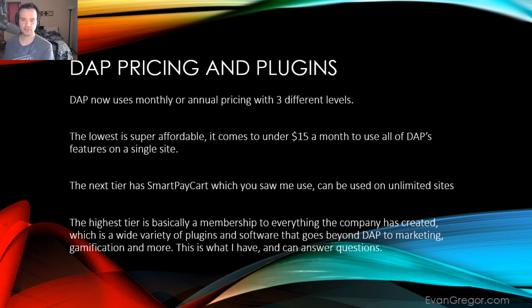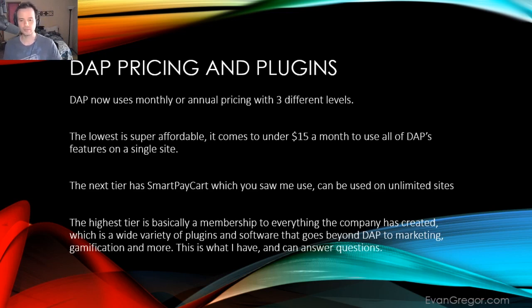The highest tier of it has basically a membership to everything that Vina and the company has created. So there's a lot of bonuses to it, but there's also a lot of other programs you get. Like you can turn Digital Access Pass into something where people have points. You can get points for what you purchase. You can get points for sharing your blogs or material online. It sort of incentivizes people to share your material.